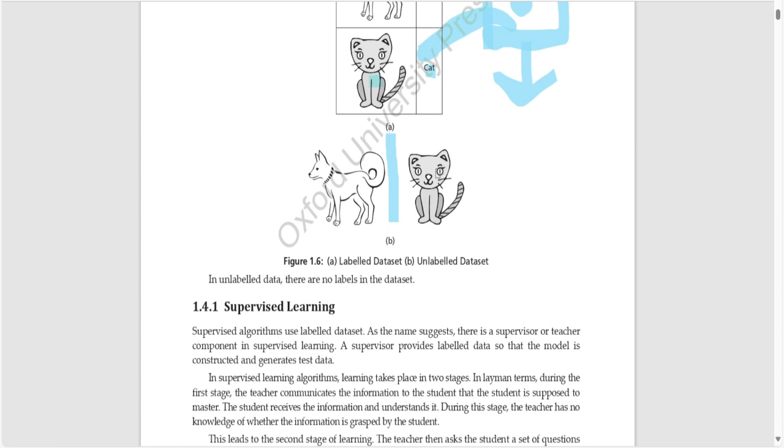Based on this attribute, we'll classify all the images and differentiate between all the images, that okay, it is a cat image. This is how supervised and unsupervised learning is done. So I think you have got an understanding of labeled data set and unlabeled data set.